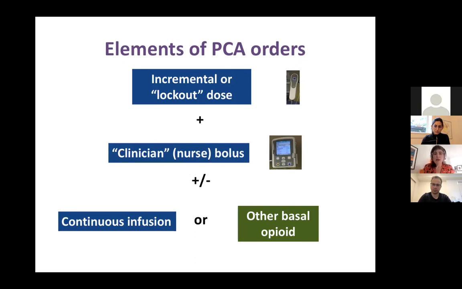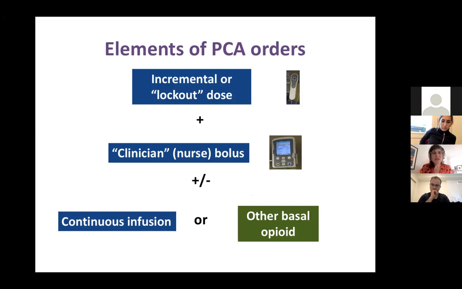The last part of a PCA, which isn't present all the time, is a continuous infusion. So you're getting 0.5 of morphine when you press the button, but you're also getting 0.5 per hour, either 24 hours a day or just at night. In our system, only the pain service or palliative care can write an order with a continuous infusion.